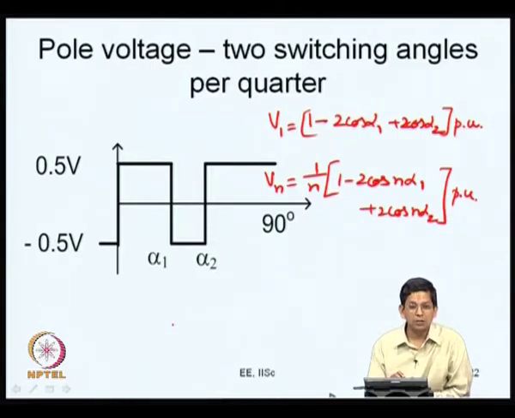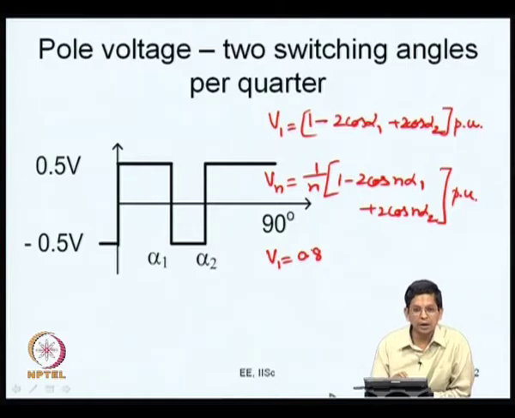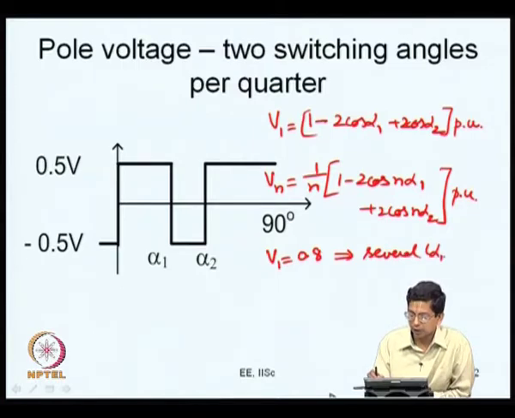For different values of alpha 1 and alpha 2, you will get different values of fundamental voltage. Conversely, for the same fundamental voltage, let me say V1 is equal to 0.8, there can be several values of alpha 1, alpha 2.